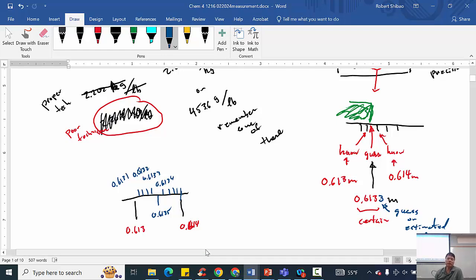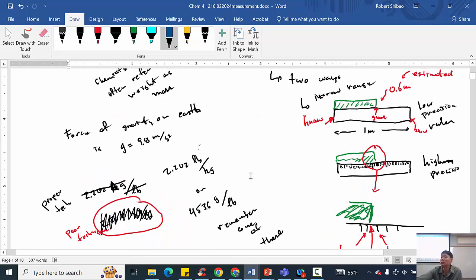What I do is I try to visualize these lines in my imagination. They aren't printed, and then guess which one of those lines lines up with the green object here. I'm just guessing the third one does. So that's my guess there. Do you see how much narrower the range is?